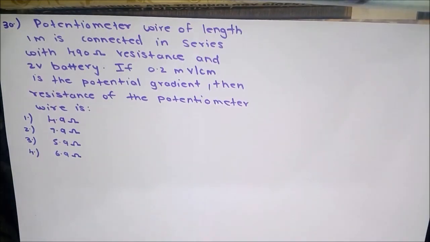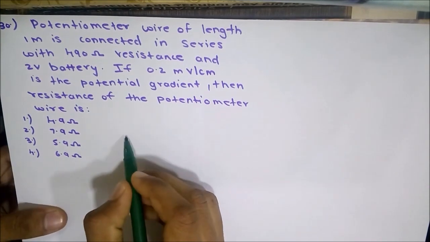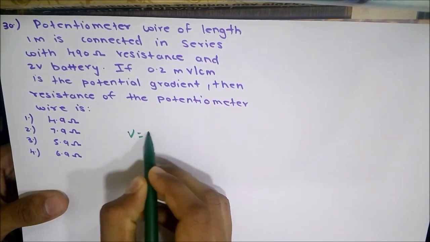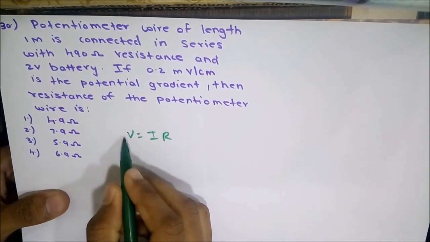Potentiometer wire of length 1 meter is connected in series with 490 ohm resistance and 2 volts battery. If 0.2 millivolt per centimeter is the potential gradient, then resistance of the potentiometer wire is, let us look at the basic formula. V is equal to IR.